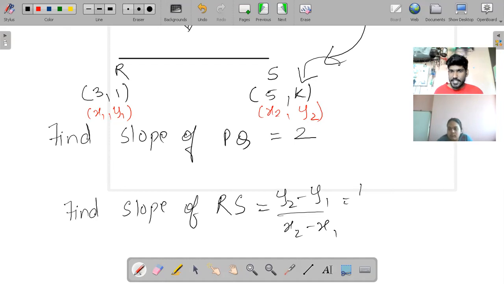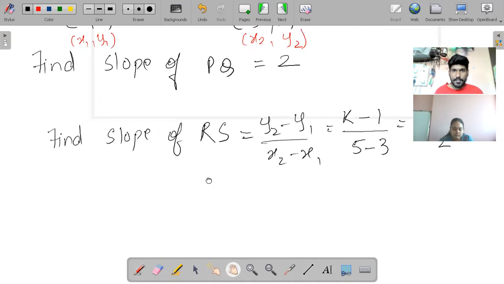So, y2 is k minus y1 is 1 upon x2 is 5 minus x1 is 3. So you write it as k minus 1 upon 5 minus 3. How much is 5 minus 3? Two. So this will be the slope of RS.